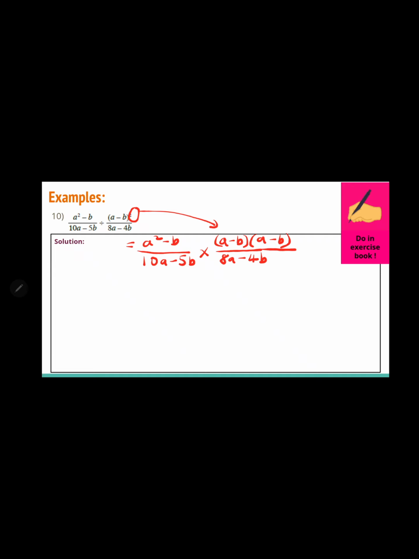I think something is wrong with the question. Never mind, we try first. Yeah, I think something is wrong with the question.